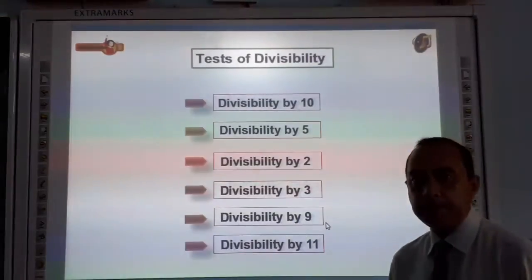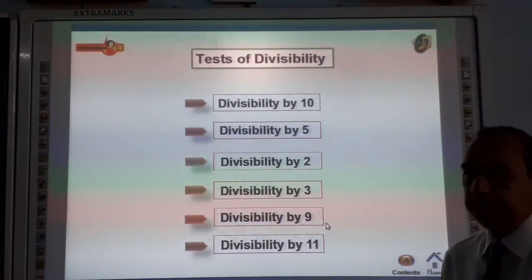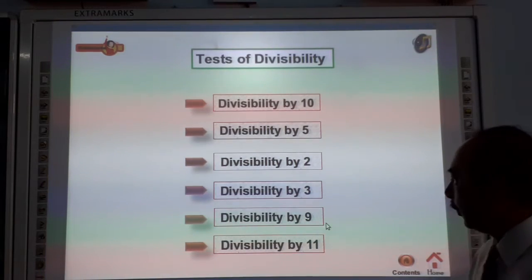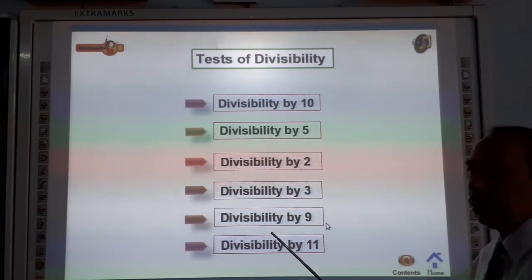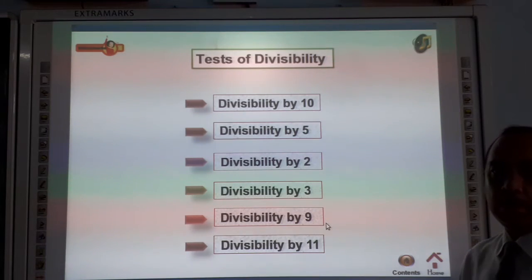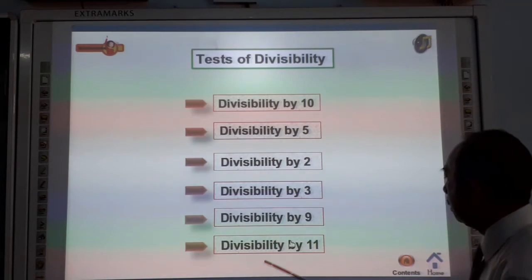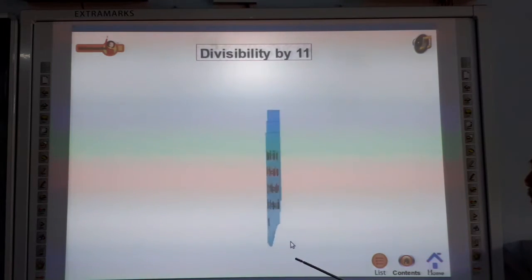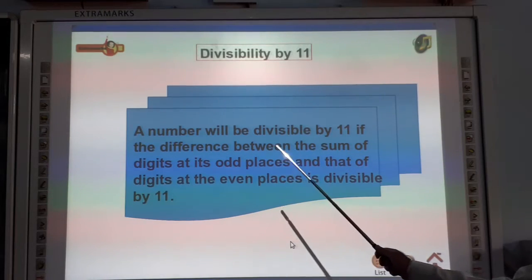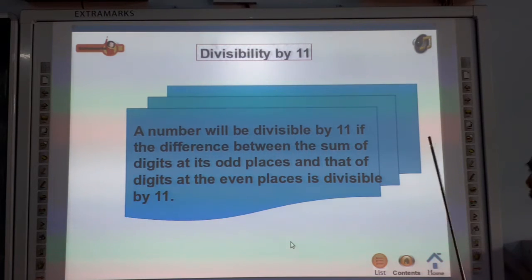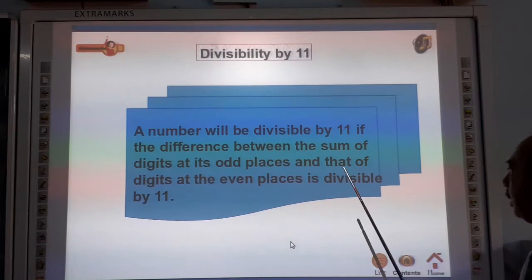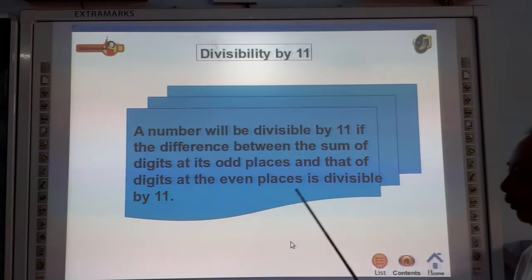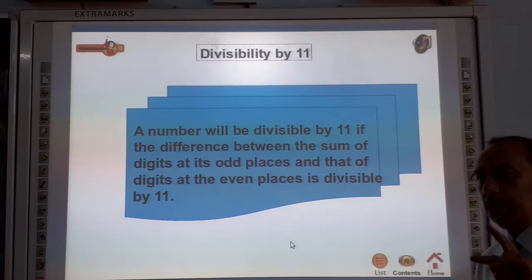Now in this part of the video, we are beginning with the divisibility rule for 11. Up to the divisibility rule for 9 we have done in the earlier part. Let us see. A number will be divisible by 11 if the difference between the sums of digits, here we have to find the sum of digits in two ways.